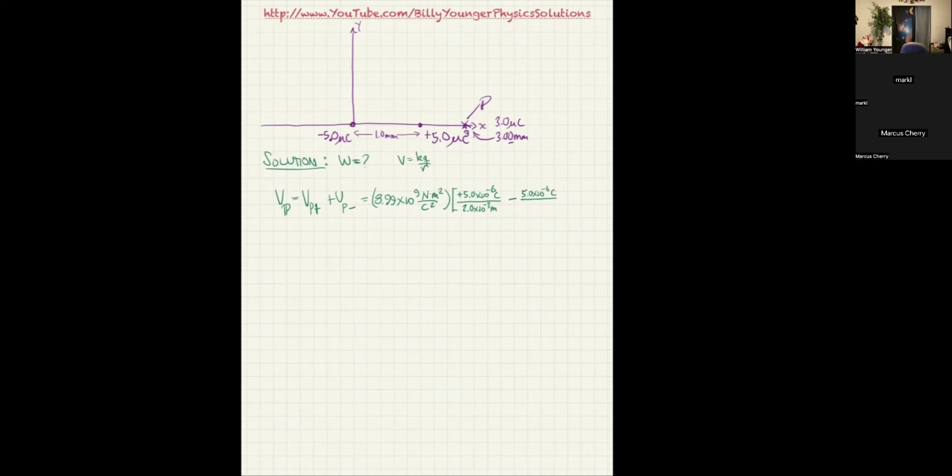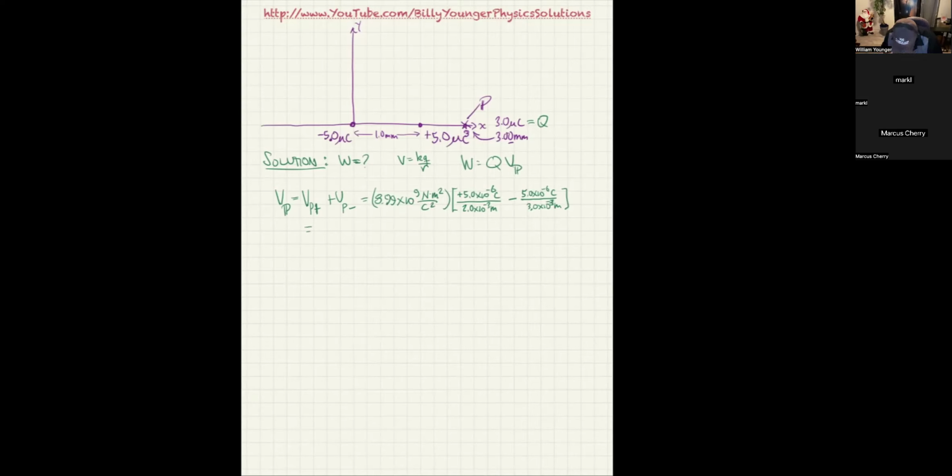And this one is 3.0 times 10 to the negative 3 meters. And that should be the whole voltage, but the work will be equal to, let's call this Q, Q times V at P. That should give it to us. Okay. So let's go ahead and calculate this.